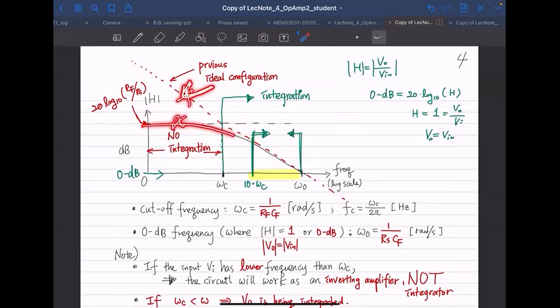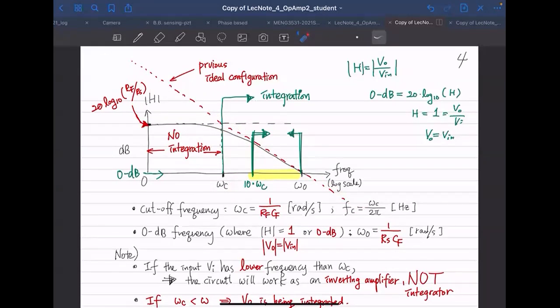The ideal integrator really integrates, but our practical one is different, so it does not integrate there. However, after the cutoff frequency, they converge, so we can assume our practical response is similar to the ideal case. So it integrates your input and your output becomes a different waveform, right?